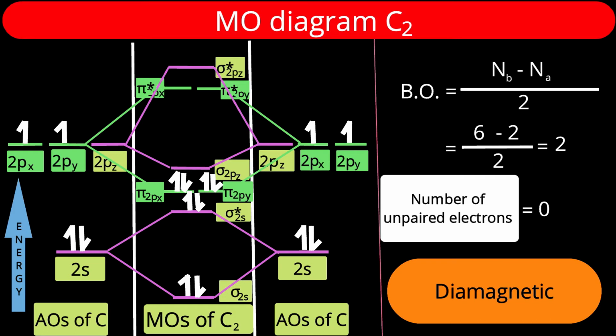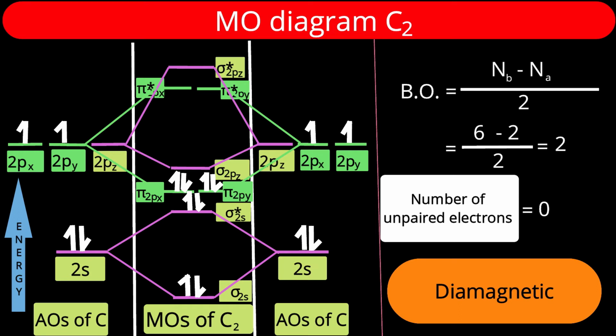Now let us discuss the antibonding orbitals. Since sigma bonding is stronger, here you will find the antibonding sigma orbital, sigma star 2pz, is of higher energy than the pi antibonding pi star 2px and pi star 2py. Both pi star 2px and pi star 2py are of the same energy. Those are degenerate. Why? Because the extent of interaction is the same.